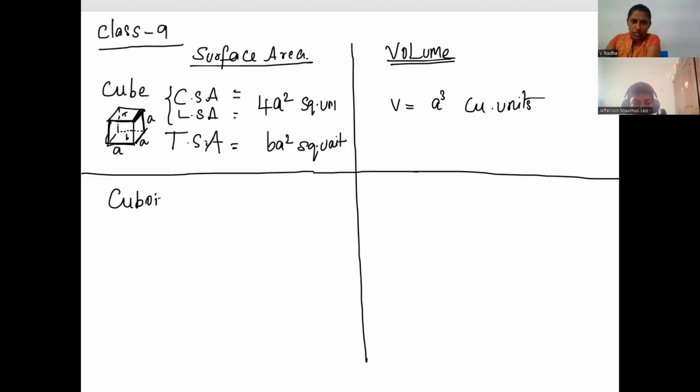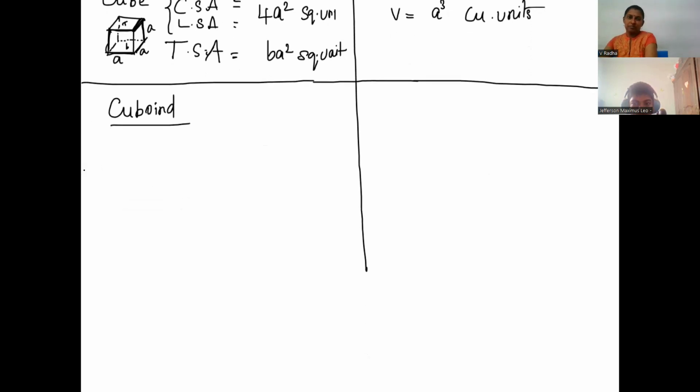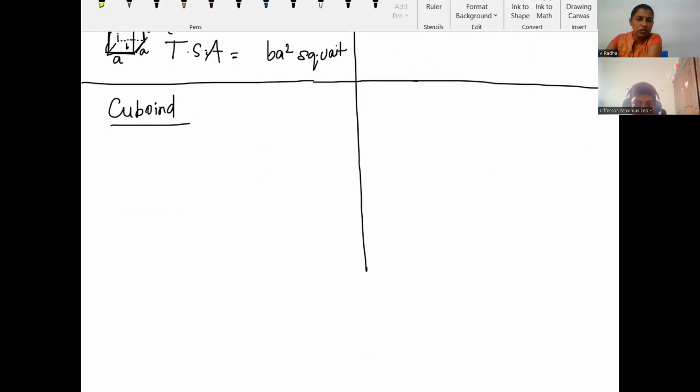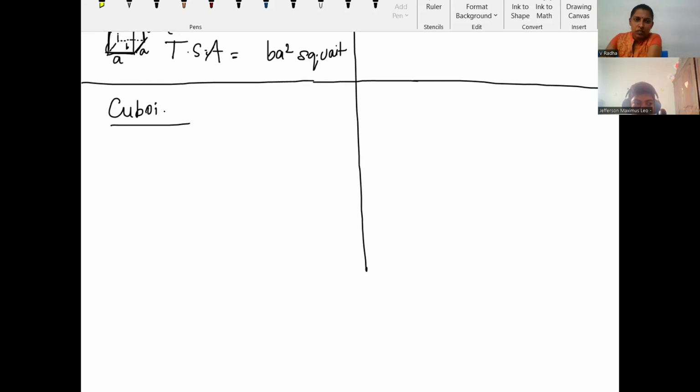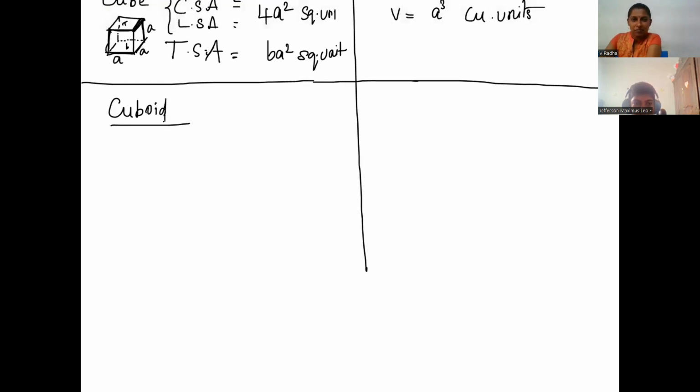Now we move to cuboid. So what is a good example for a cuboid in our daily life? Ma'am, book. Book, good. Please tell 10 examples. So book is one example. Ma'am, a building.